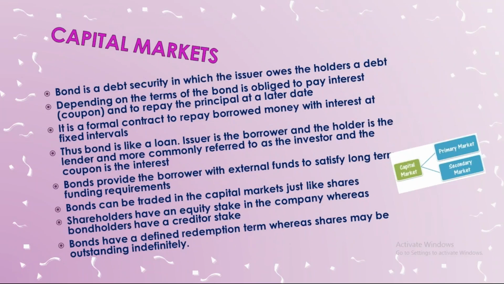Next one is what we call the capital market. You remember, capital market is a stock exchange where we go to issue shares or even for a rights issue. But similarly to shares, we can go and issue what we call bonds. Bonds are not shares, but they are issued through the stock exchange. They are essentially loan notes or loan instruments.